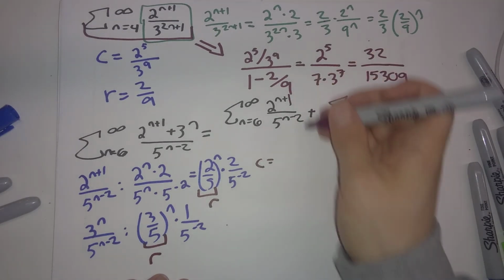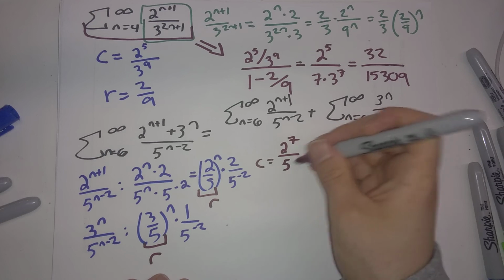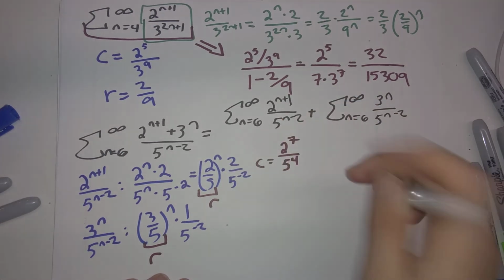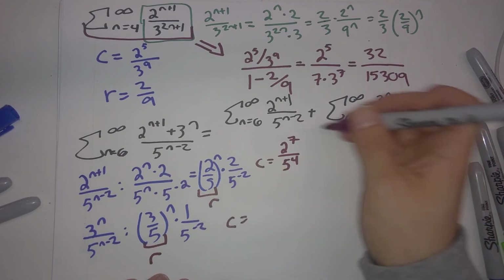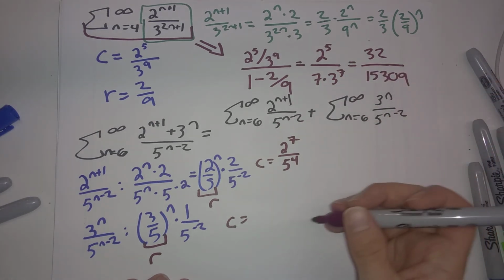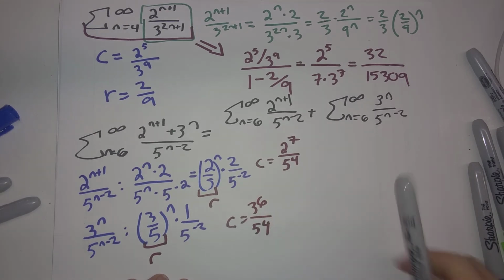The C here is going to be 2 to the 7th divided by 5 to the 4th, when I plug in 6 upstairs and downstairs. The C for this one, when I plug in 6 upstairs and downstairs, I get 3 to the 6th divided by 5 to the 4th.